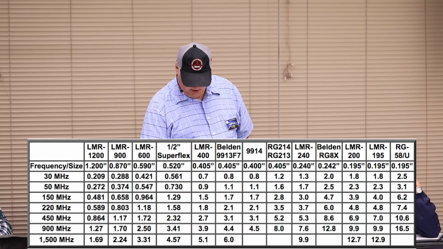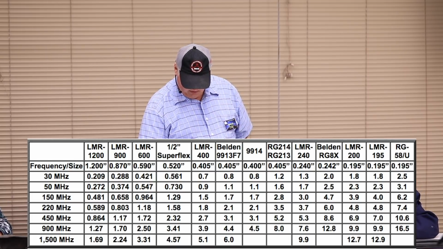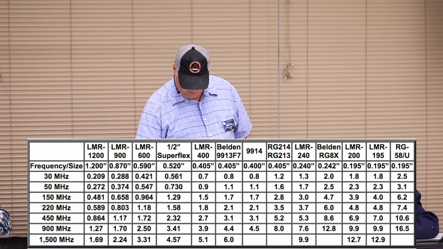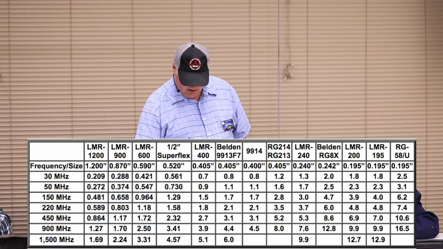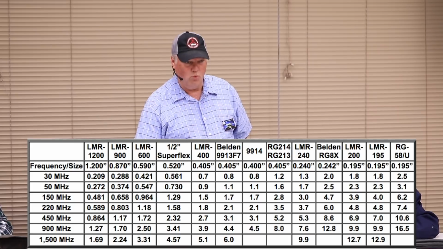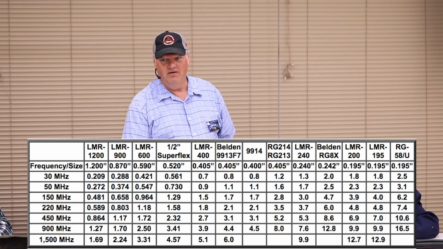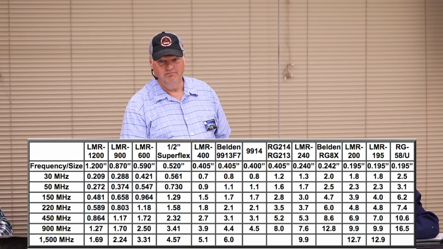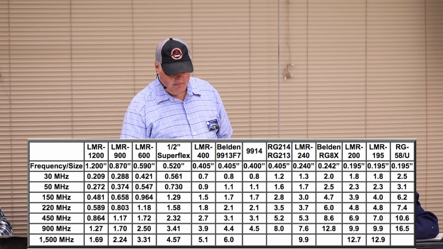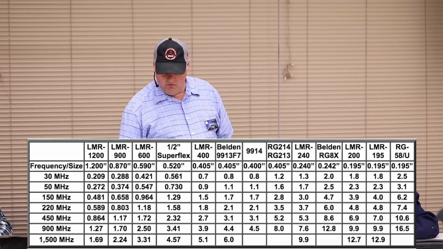Go over and find 8.6. It went up almost 1 dB of loss per 100 feet in 50 megahertz. So length matters.